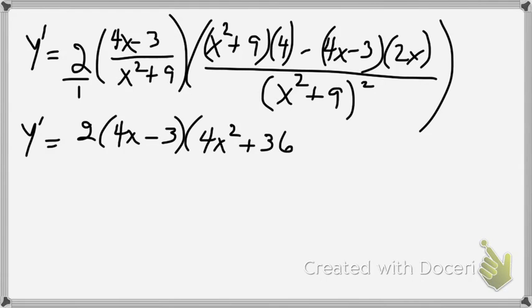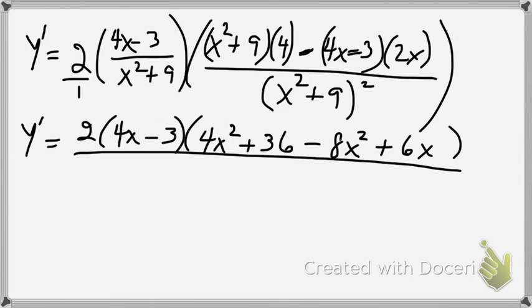Now then, we do have a minus in the middle, 2x times 4x, 8x squared, and this minus, that minus, we've got a double negative, minus negative 3 times 2x, that's a positive 6x. Okay. And then in the bottom we have x squared plus 9, and we have another 2 of those. Well, that means we've got 3 of those things.